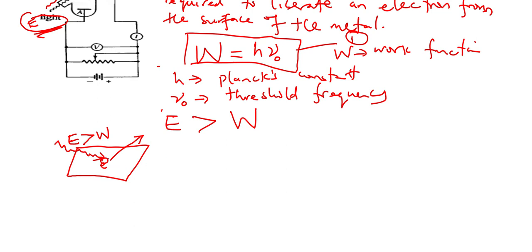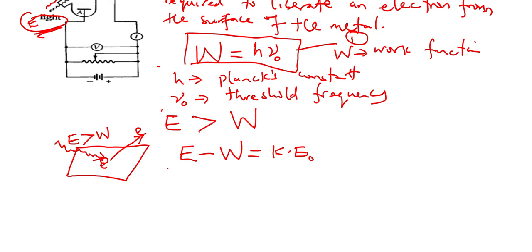Now, if these electrons are emitted, they will have kinetic energy. We said that the energy of the incoming photon must be greater than the work function. So the remaining energy, because E minus W is positive, will be used as kinetic energy by the photoelectrons. What are the photoelectrons?